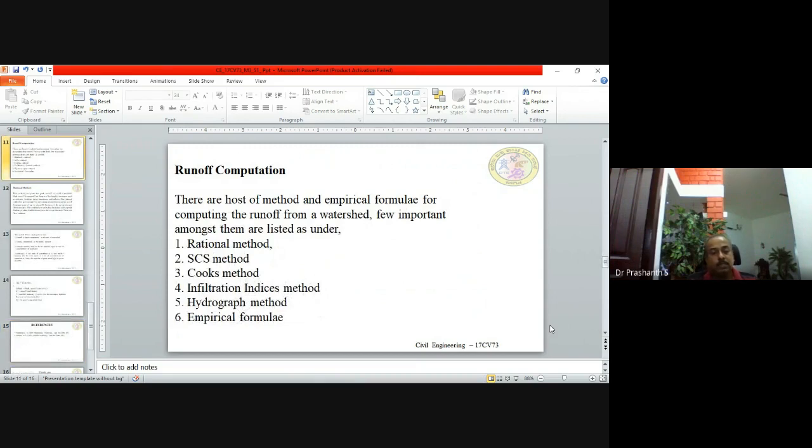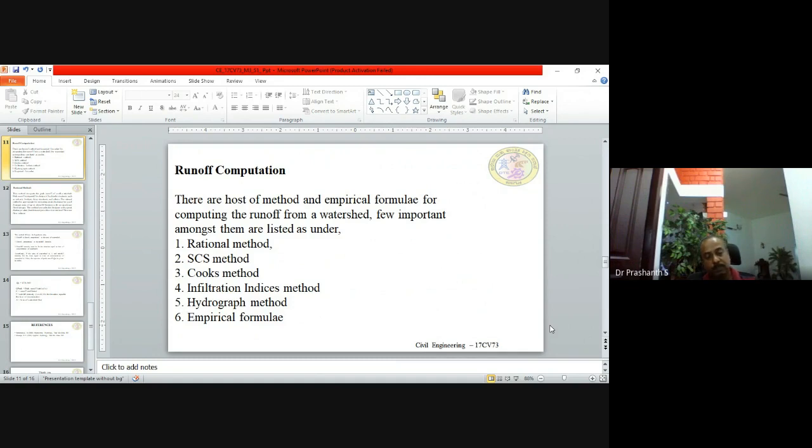So we have discussed the runoff. Now, how is the runoff computed mathematically? Runoff computation. There are different methods, and empirical formulas are used to compute runoff from a watershed. Some of the important ones have been listed here. A lot of runoff computational formulas are there.